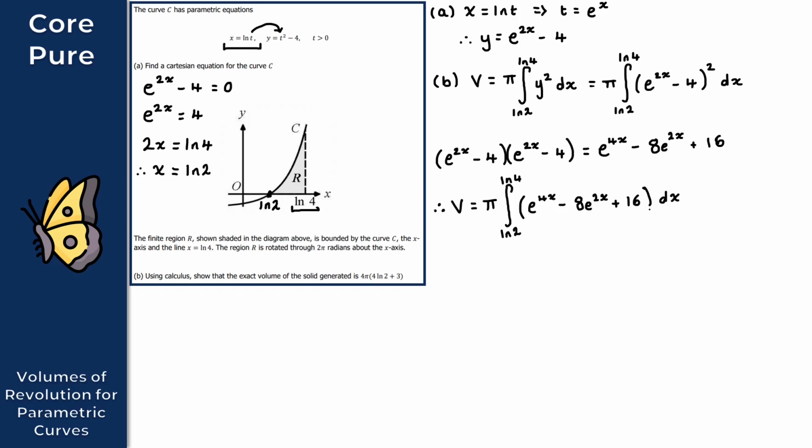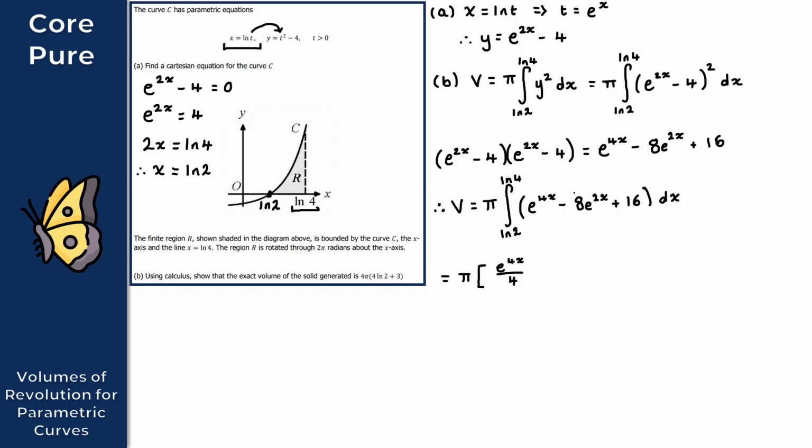Now to evaluate this integral, nice and straightforward, just go term by term. We get pi times: e to the 4x, when we integrate with respect to x, we just divide through by 4, so I get e to the 4x over 4. We then have minus 8e to the 2x.